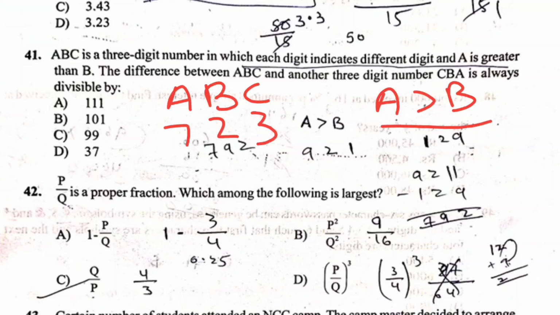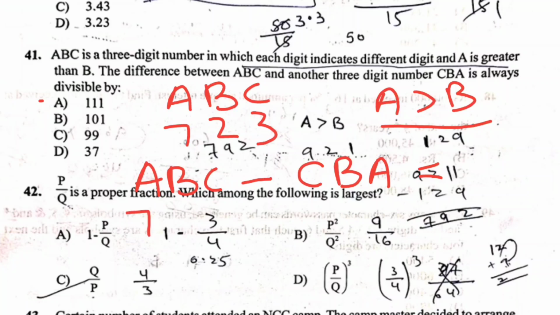Now we are told that the difference between ABC and its reverse, CBA, is divisible by which of the following options. So if ABC is 723, CBA will be 327.